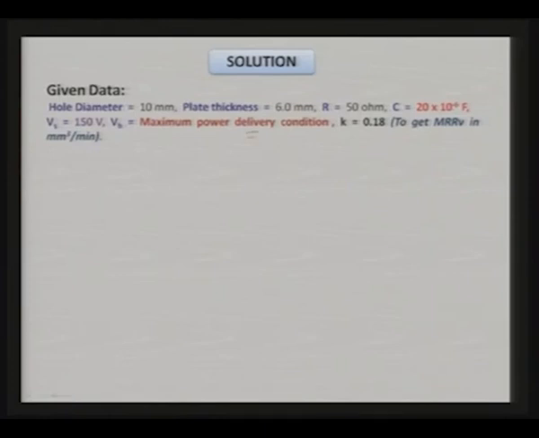This comes out as 0.72 into 150. So you can calculate the breakdown voltage at maximum power delivery, and K is 0.18, or K_1 as written in the earlier slide, to get MRR in cubic millimeter per minute.